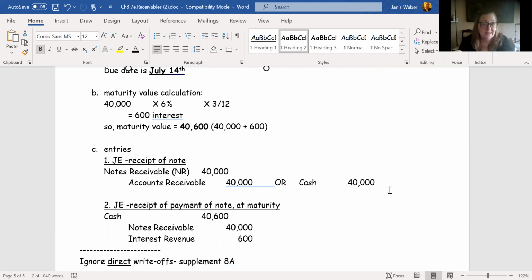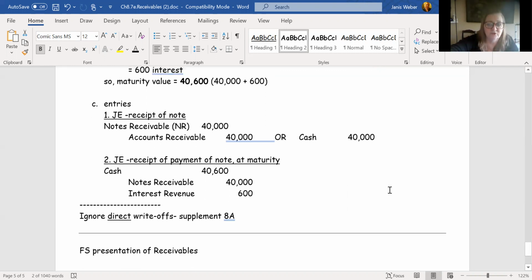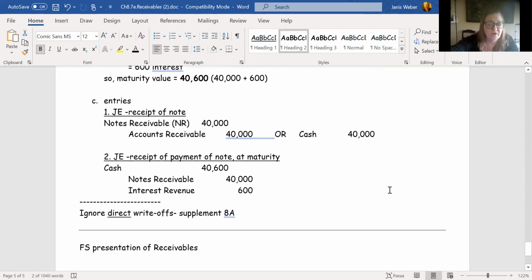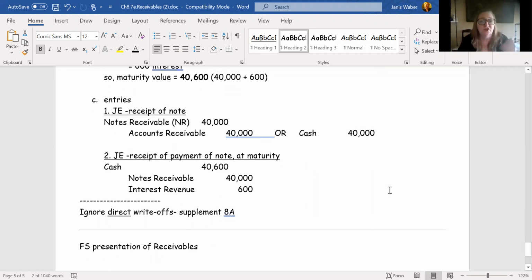And so the customer might say yes, because they don't want to stop doing business with you, and they don't want you to turn them over to collections. So if that happens, you would record your note receivable by crediting that customer's accounts receivable and debiting note receivable, indicating that you changed it to an interest-bearing note. So then when you receive the cash, you would debit cash for the 40,600 for the maturity value. You would credit note receivable for 40,000, and you'd credit interest revenue for the 600.